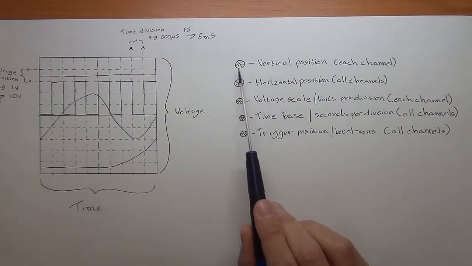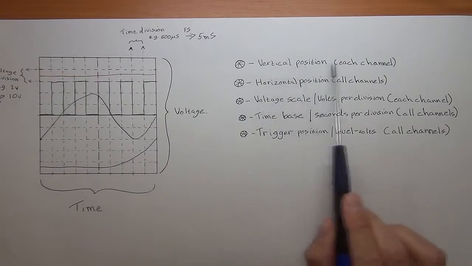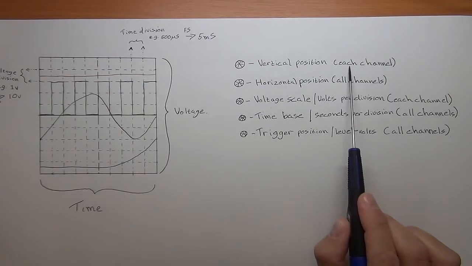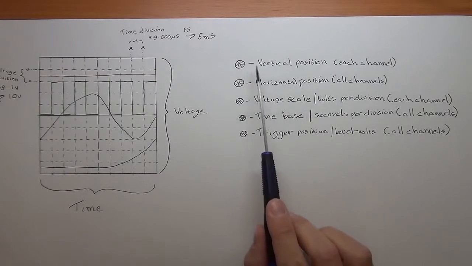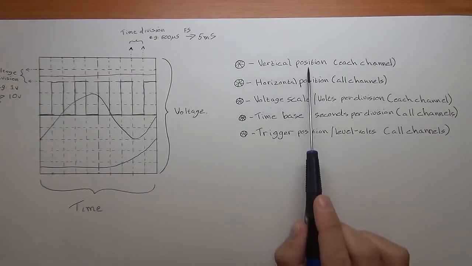The first knob, which you saw me playing with, is the vertical position knob, and that is per channel. If you have several signals coming into your oscilloscope, each of those channels will have its own vertical position knob.